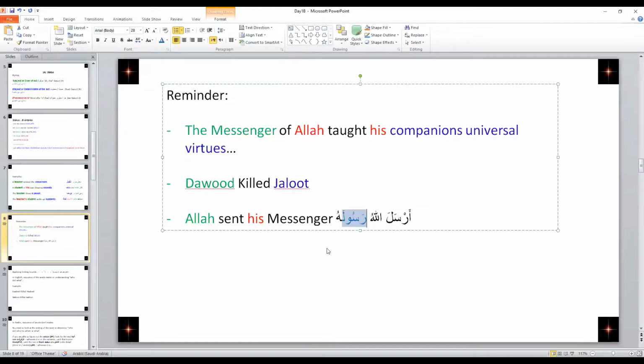That's what we are saying. It will be blue because it received the action. While the who here is mudaf ilayhi, what we call the after of word. But Allah is the doer of the action, so it will be green.